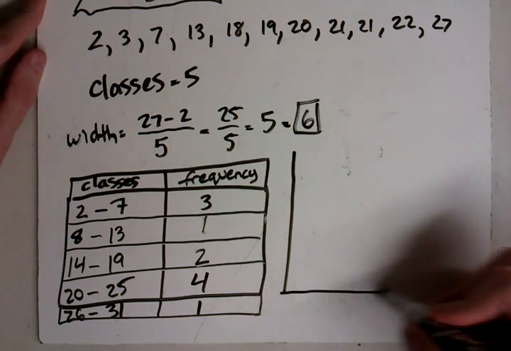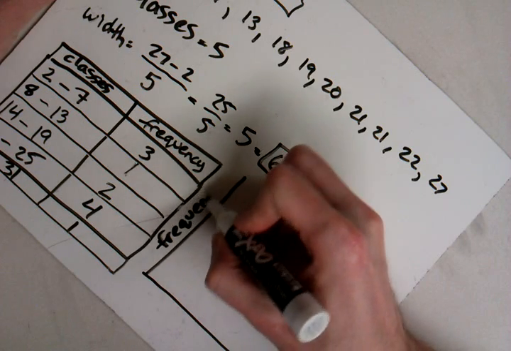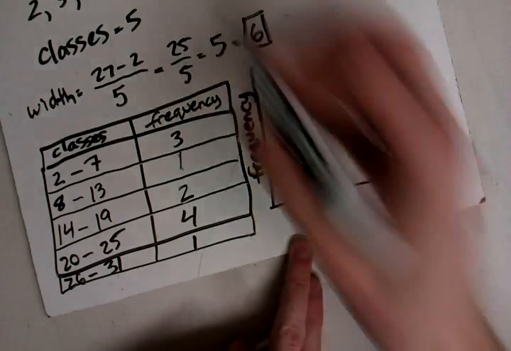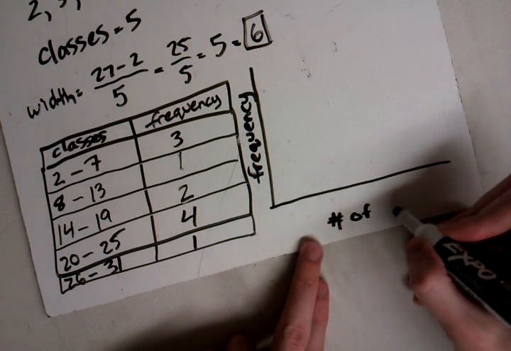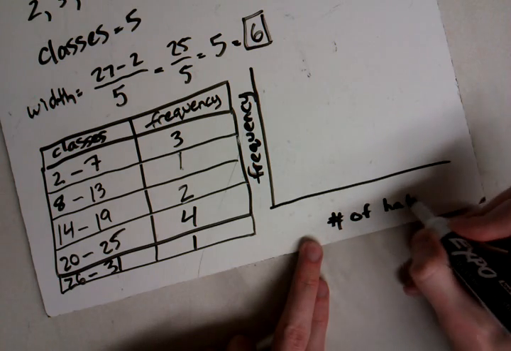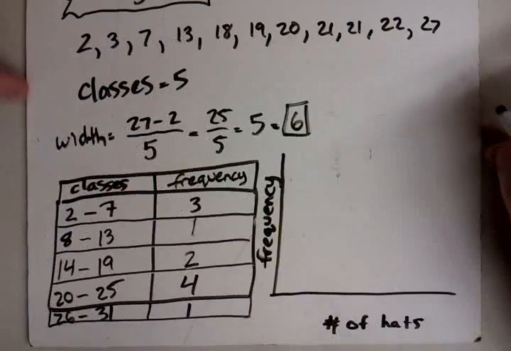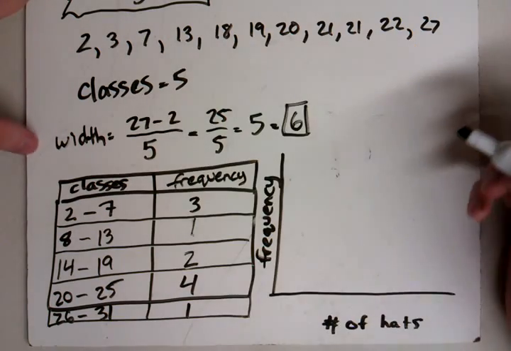So the next thing we want to do is actually make our histogram. We're going to label our y-axis, which measures the frequencies, and our x-axis is going to measure whatever the data set represents, maybe the numbers of hats. We want to start graphing, and we're going to use our frequency table to do that.